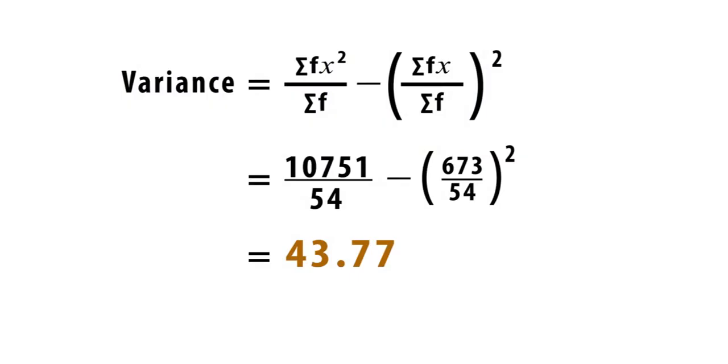Sigma fx squared we had 10,751 over 54 minus, in brackets, 673 over 54 all squared. When I simplified, I had 43.77.